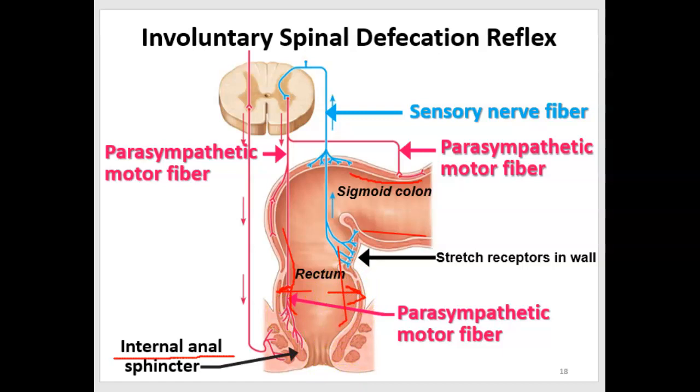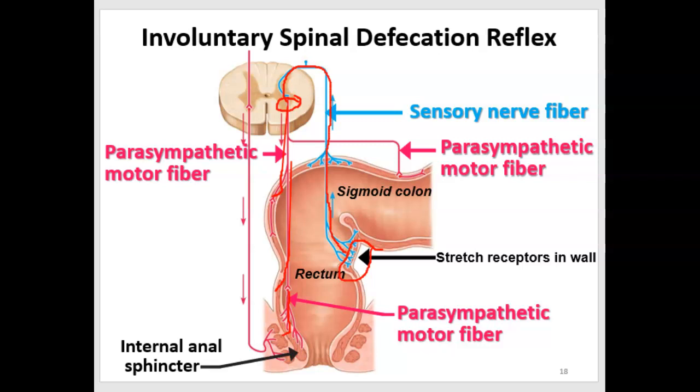We know we can override this, but this is an involuntary reflex, and I'll just show you the network of neurons a little bit. So here's stretch receptors in the wall of the rectum connected to a sensory neuron that travels to the spinal cord, and it synapses on a motor neuron that travels to the sigmoid colon, it travels to the rectum, and it synapses on another one which travels to the internal anal sphincter.